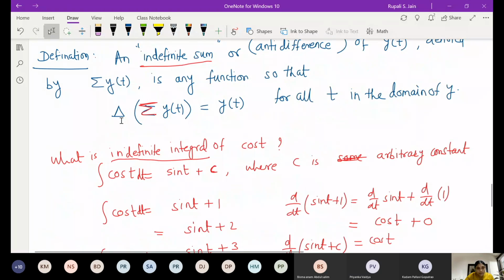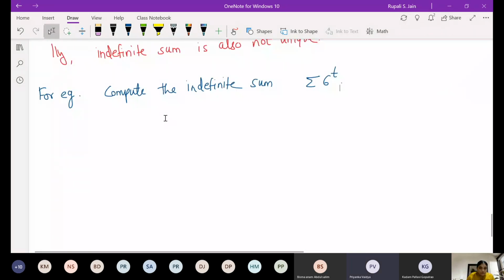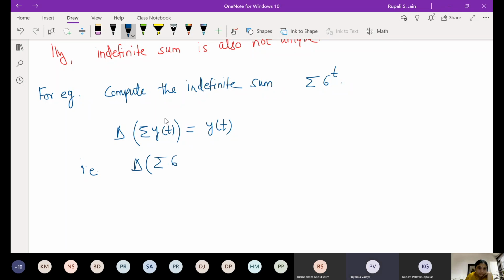If I operate delta on that function, I should get the original function yt. Here yt is nothing but my 6 raised to t. That is, delta of summation 6 raised to t, I should get 6 raised to t. What should that function be so that I will get 6 raised to t only?